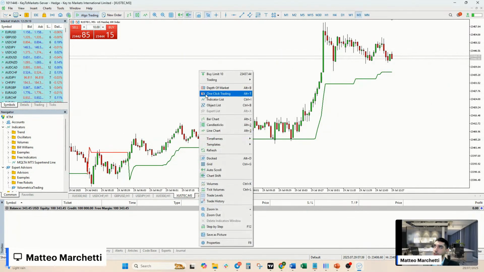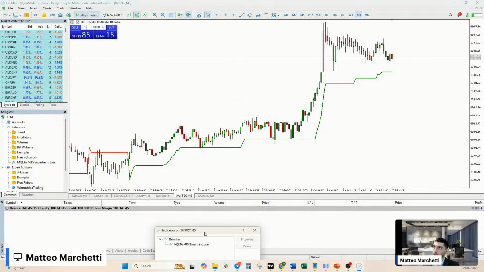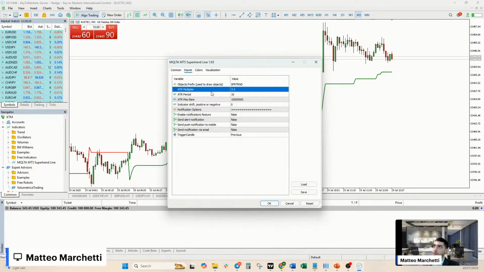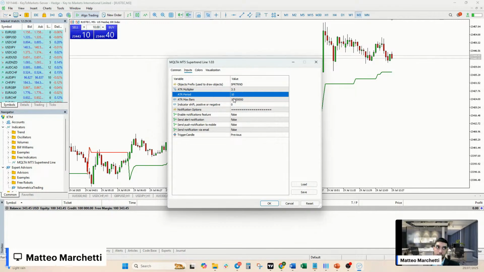First of all, I'm going to show you the input I'm using. So as you can see here, I'm using an ATR multiplier 3.5 and an ATR period of 10. Okay, these are the settings I use to trade with the strategies on Nasdaq.